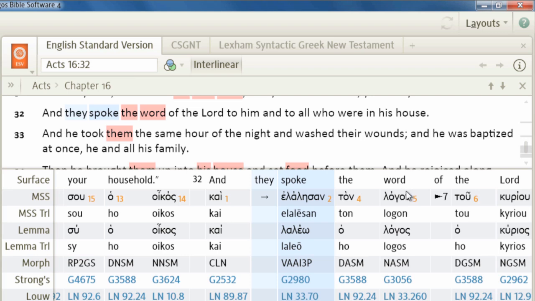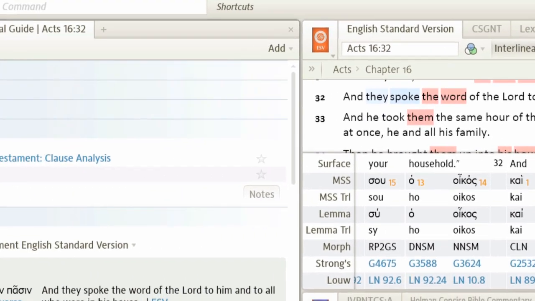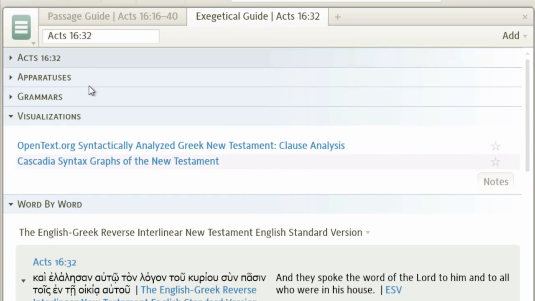Now another way to see if the word in the accusative case is an object of the verb is to go over to the exegetical guide on Acts 16:32, under Visualizations, click Cascadia Syntax Graphs of the New Testament.